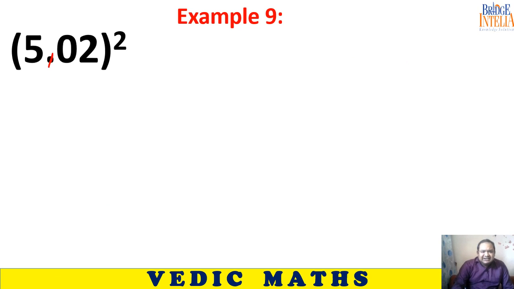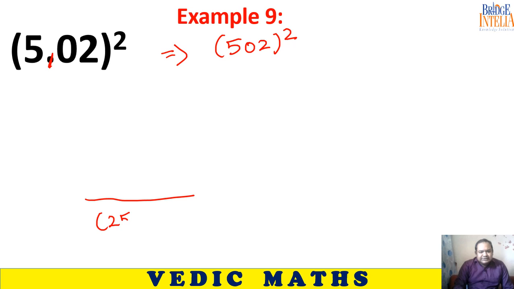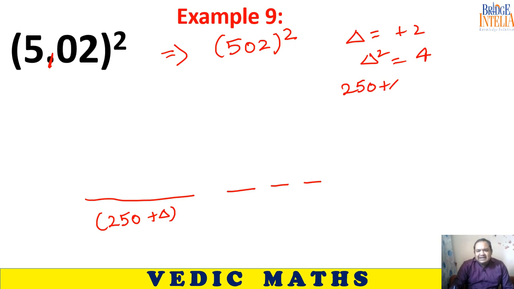Let's solve one last one, 5.02 whole square. Forget the decimal. It will look like 502 whole square. Let's first find the value of 502 whole square using the shortcut. Here delta is equal to plus 2. Delta square is equal to 4, and 250 plus delta is equal to 252.